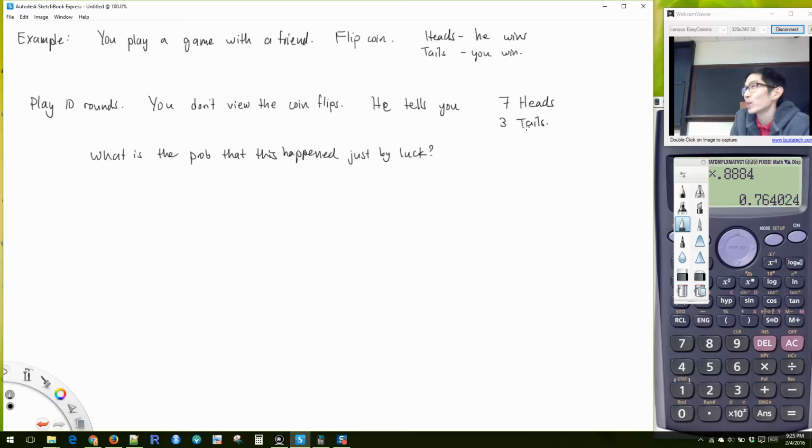It's reasonable. It's not an incredibly small value. So our intuition says the probability of this outcome by random chance is not small. Okay. Is that okay? All right.